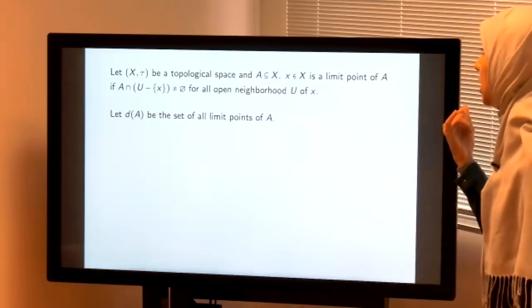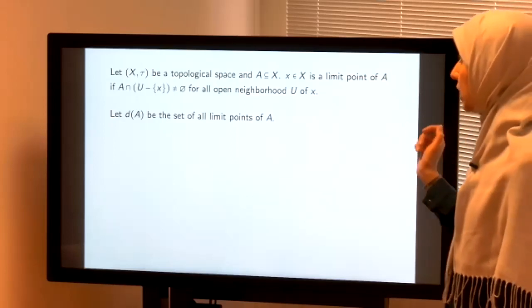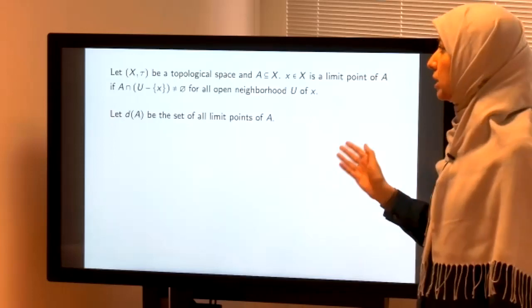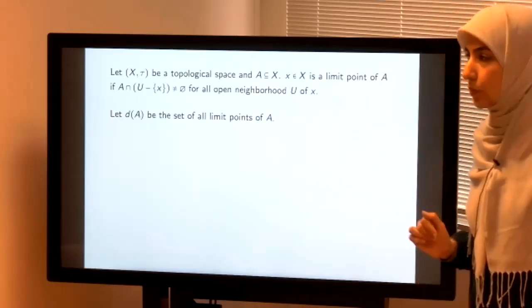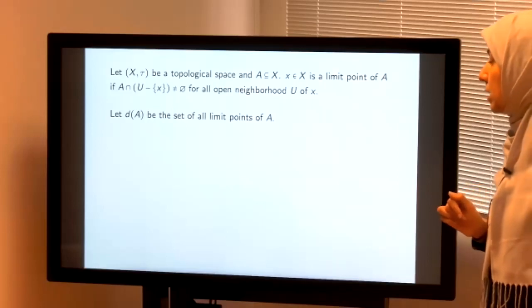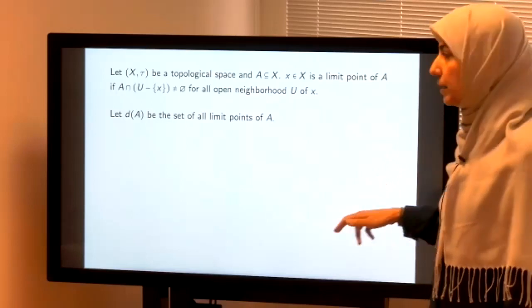In other words, for any neighborhood U of x, there should be another point, not equal to x, which is in A and U. We denote the set of all limit points of A by D of A.